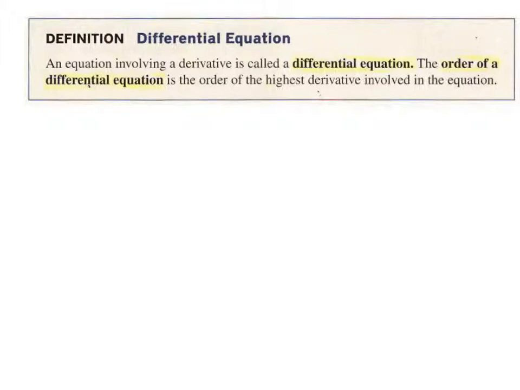So if I have a differential equation and I've written it as dy/dx equals x squared, that would be a differential equation of order 1. If I had f double prime of x equals x squared, then that would be a differential equation of order 2, and so on.